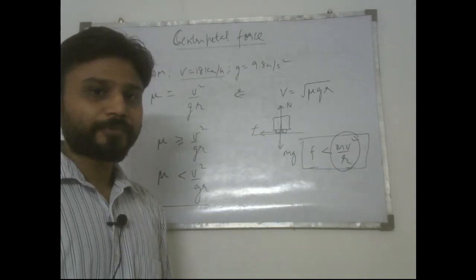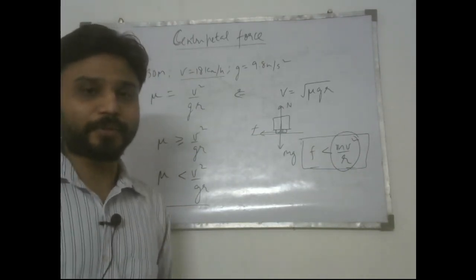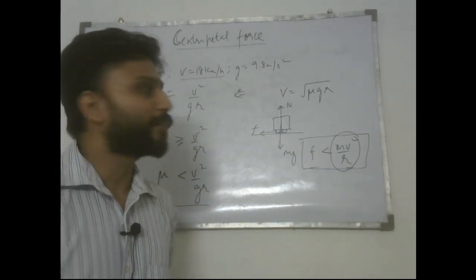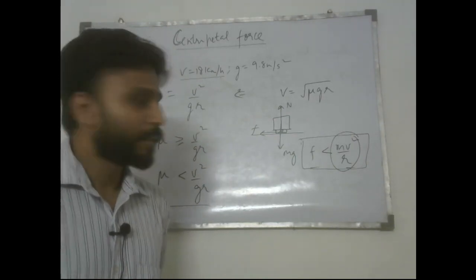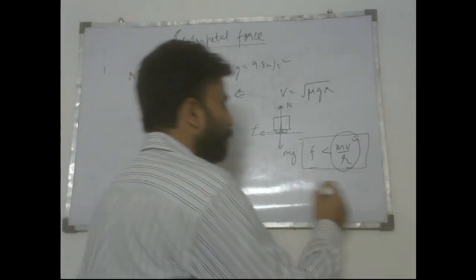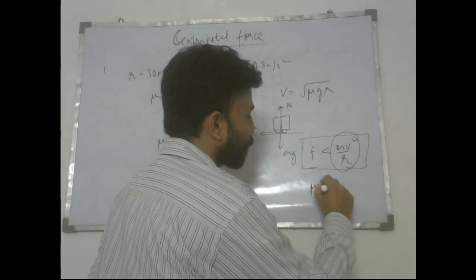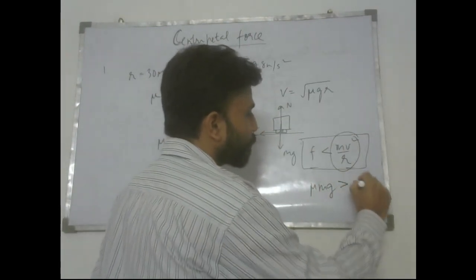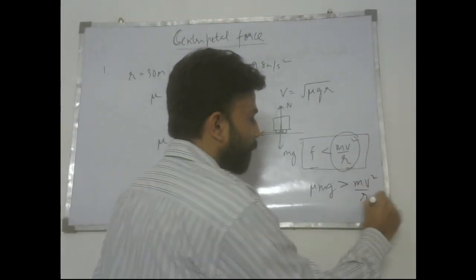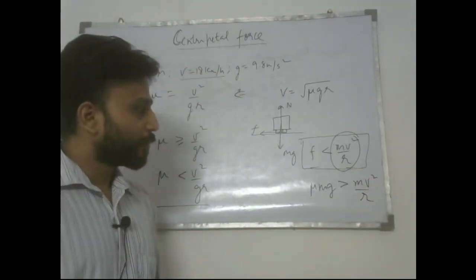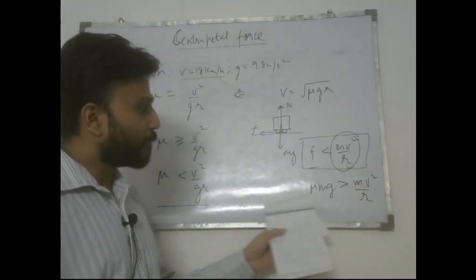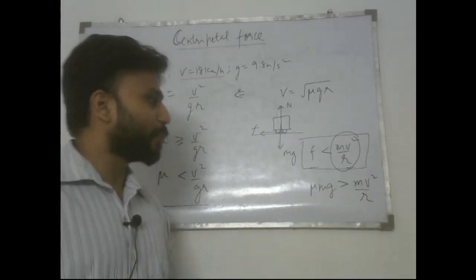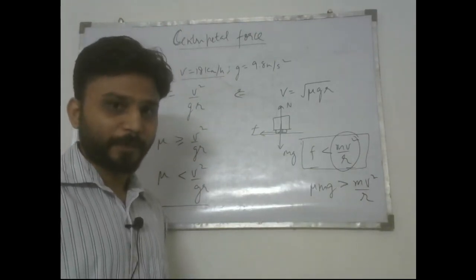And there can be one more way of solving this question. We can say, okay, what if the car were not to slip? If the car were not to slip, then the maximum value of friction, that is mu mg, should be more than the force which is required by the car, mv square by r, right? So mu mg should be more than the value of centripetal force acting on the car.